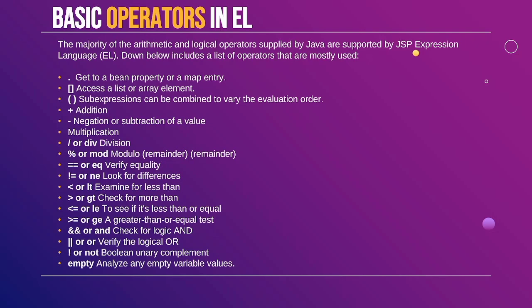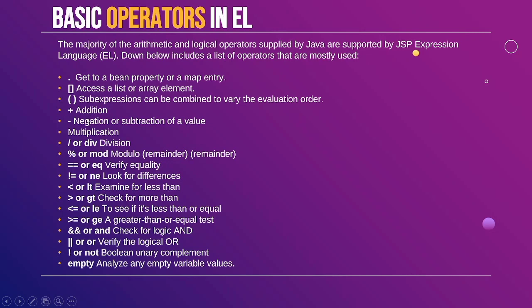So the dot is used to get to a bean property or a map entry. We use square brackets to access a list of array elements, and the normal brackets are used for sub expressions, to combine them and to vary the evaluation order.